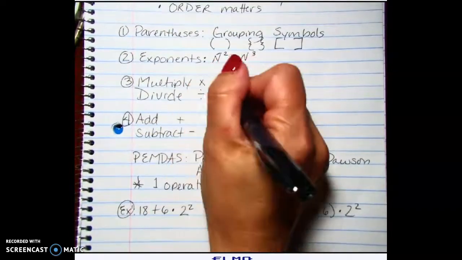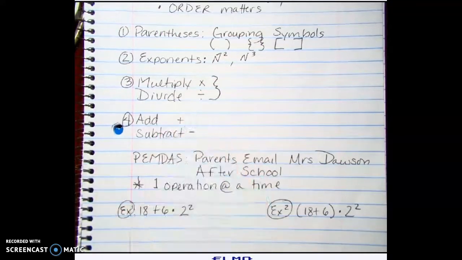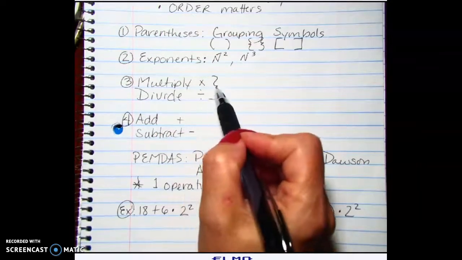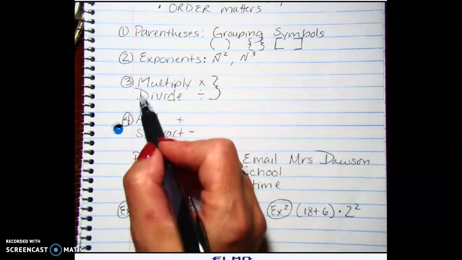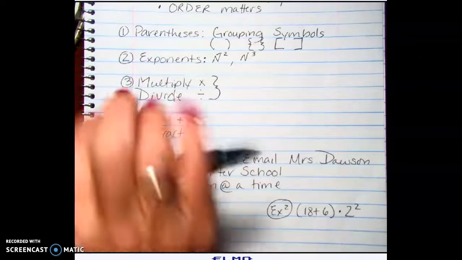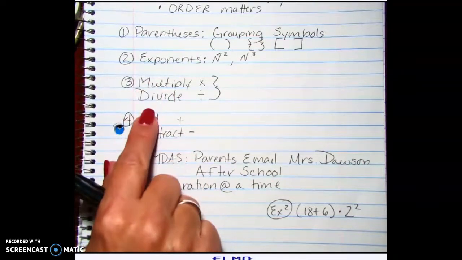Next, we have the operations multiply or divide. Now, I'm going to put a brace here. It's not going to tell us to do me first or anything, but we have the brace. The reason they're together like this rather than separated is because we need to determine which one we would do.